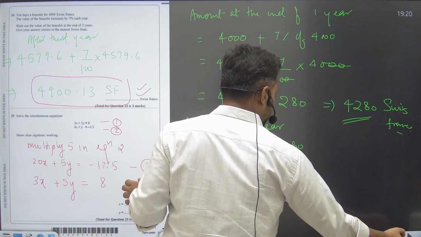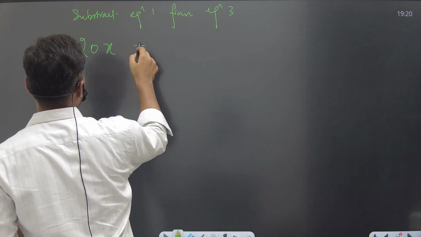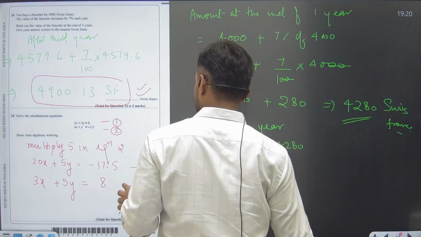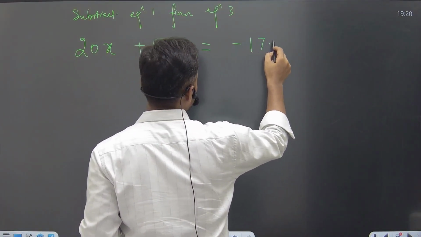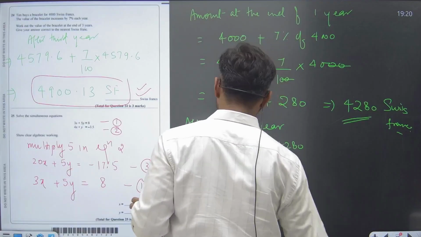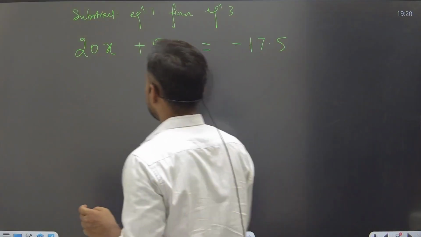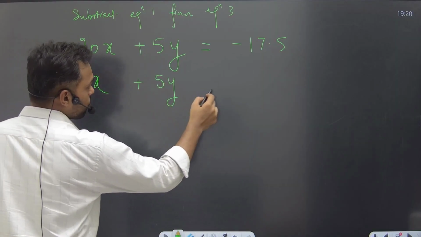So 20x plus 5y is equal to negative 17.5, and 3x plus 5y equals 8.